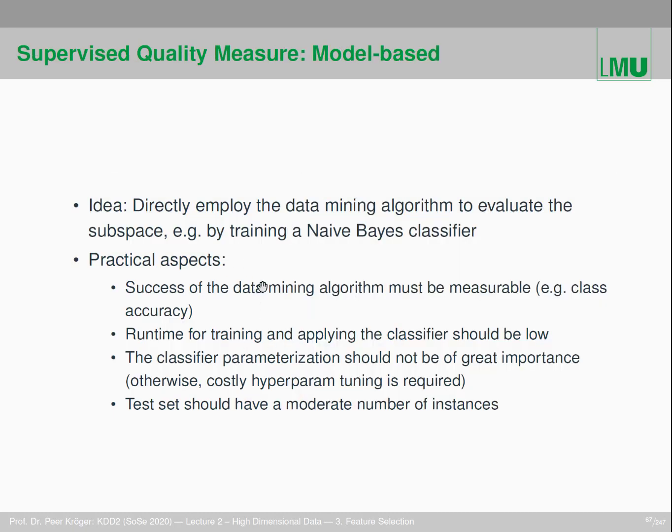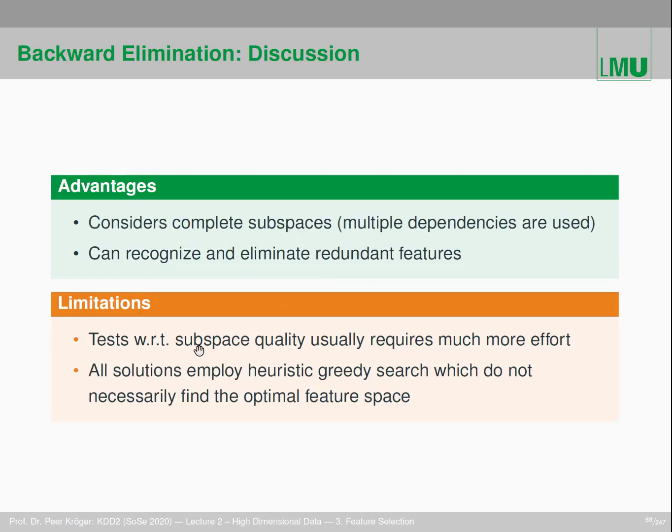If you train something here, it requires much more time. And all solutions, of course, employ heuristic greedy search, because we do not have monotonicity on those quality measures. So again, we may not find the optimal feature space with respect to the quality measure. But okay, we know it's approximate.